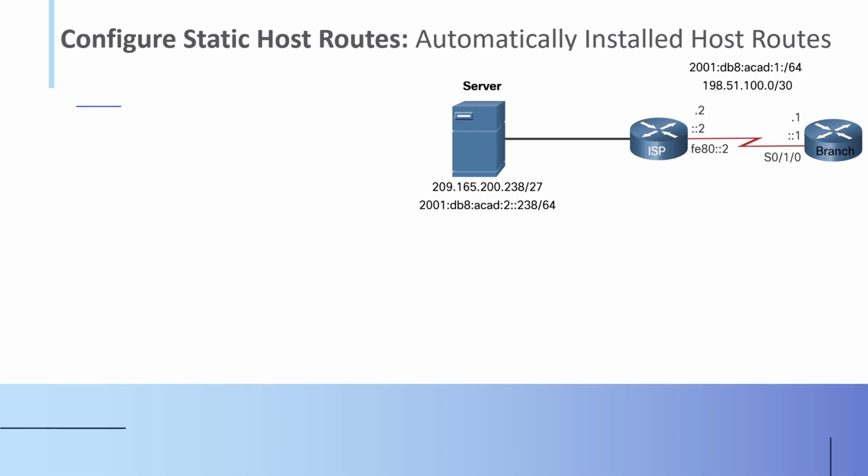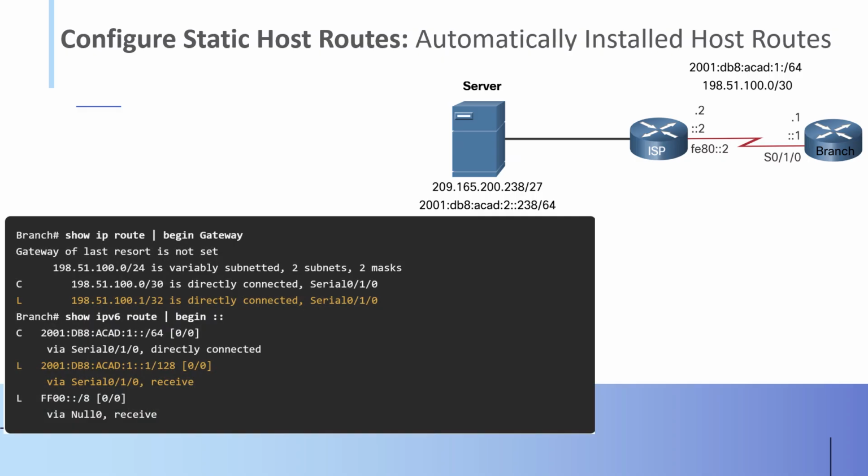The local routes for the interface are installed by IOS in the IPv4 and IPv6 routing tables, as shown here in this example. Remember that the connected routes are with code C and the local routes are with code L.